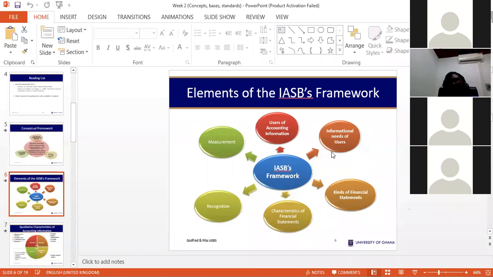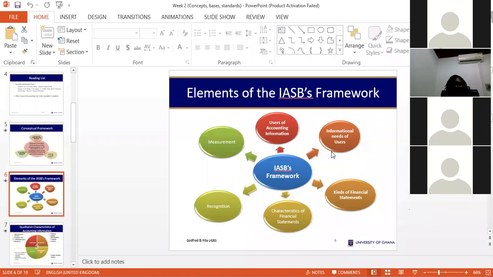Again, in lecture 1, we identified the reports that are generated: the statement of financial position or the balance sheet, the statement of profit or loss or income statement, the statement of cash flows, changes in equity, and the notes to the accounts. Okay, so it is clearly outlined in the framework. Then it talks about the characteristics of financial statements.